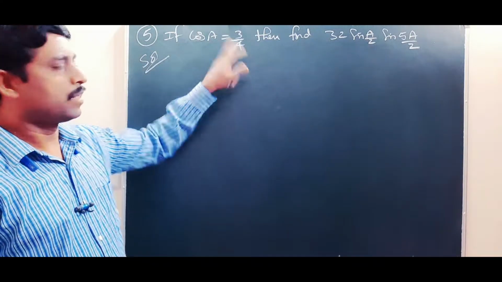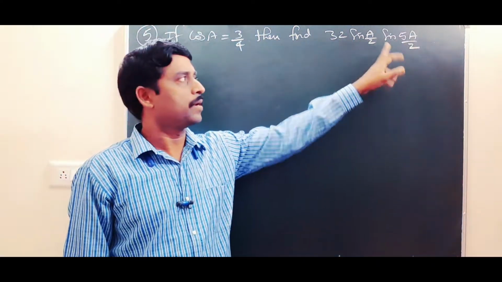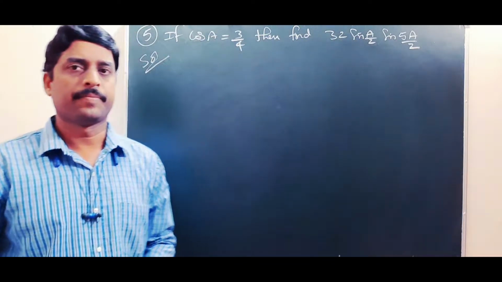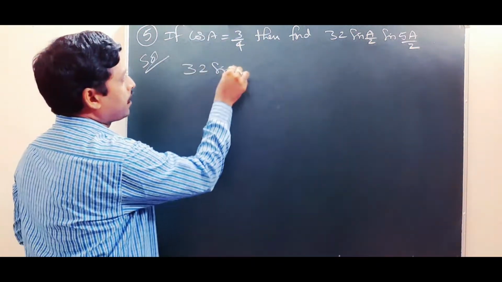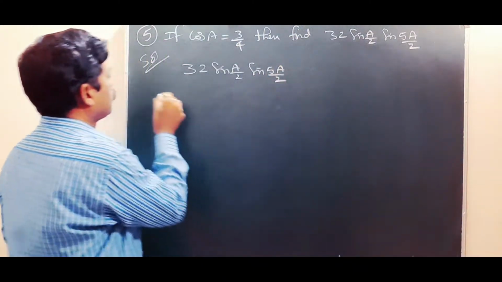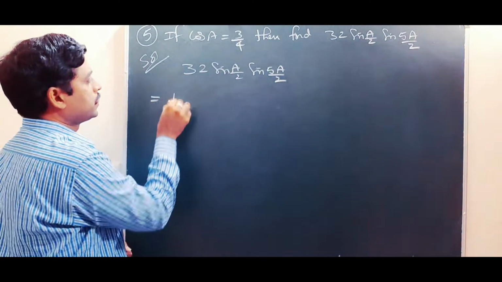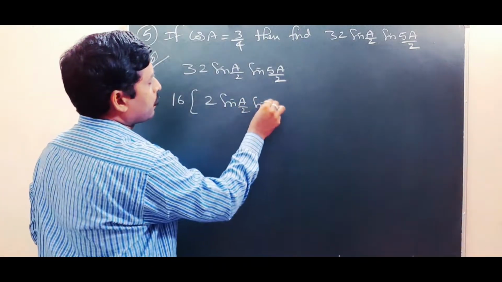Cos A value is given as 3 by 4. Then we have to find 32 sin A by 2 into sin 5A by 2. So what is our target? 32 times sin A by 2 into sin 5A by 2. It is going to be 16 into 2 times sin A by 2 sin 5A by 2.